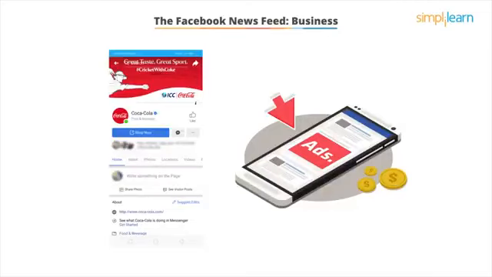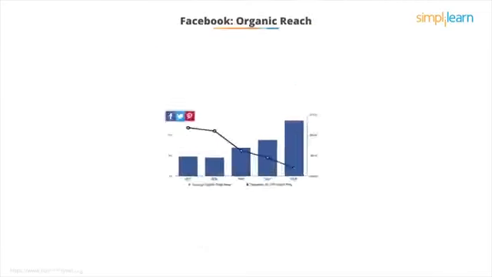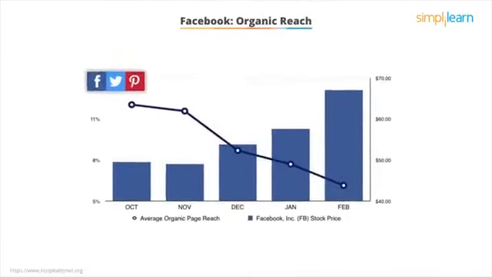Let's look at this organic reach in a bit more detail. On this slide you see how organic reach has dropped over the years and how the Facebook share price has increased. They are clearly related. The share price has gone up because a continuous drop in organic reach forced businesses to use Facebook advertising to reach their audiences.